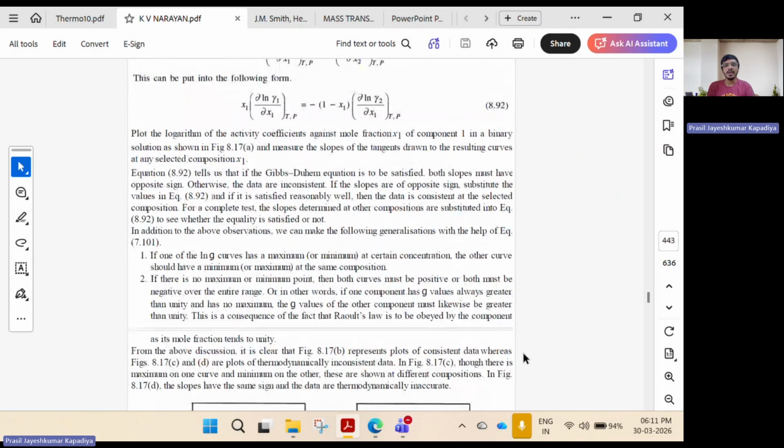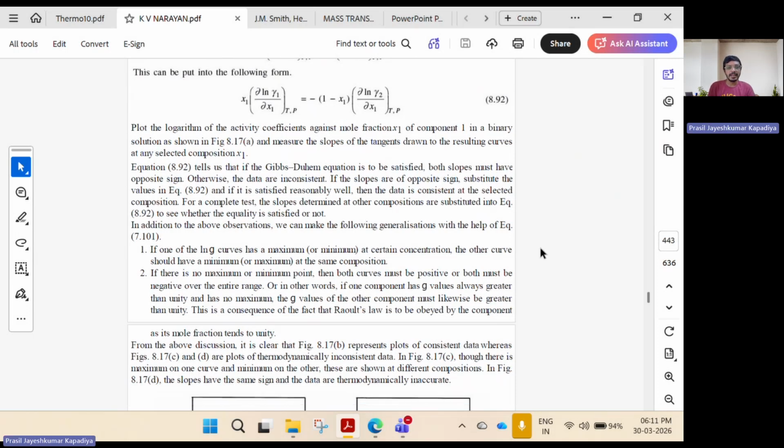Okay. So first, what we need to do is plot ln gamma 1 versus x1, and ln gamma 2 versus x1. The slopes must have opposite signs. If the Gibbs-Duhem equation is to be satisfied at some constant temperature and pressure, then the slopes must have opposite signs.